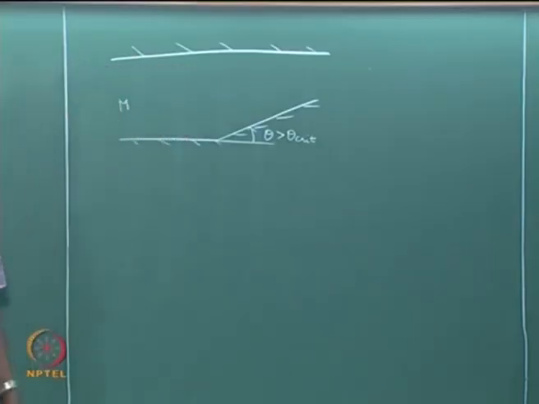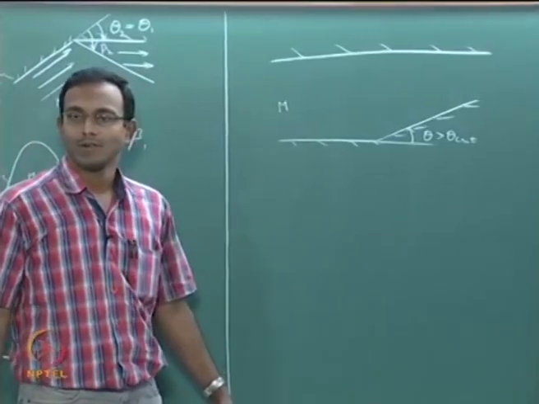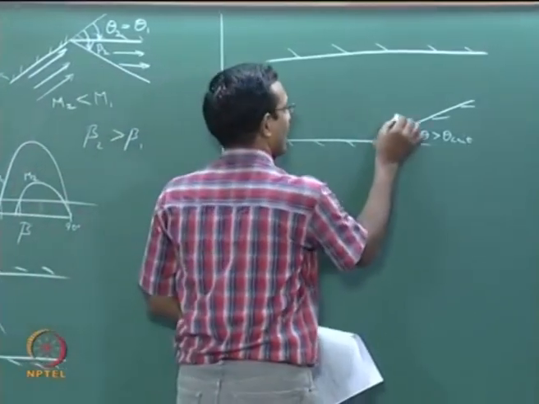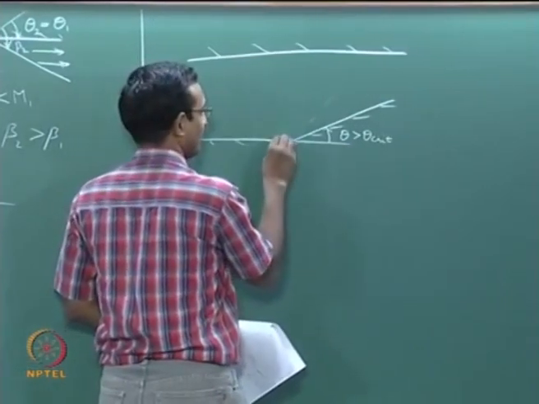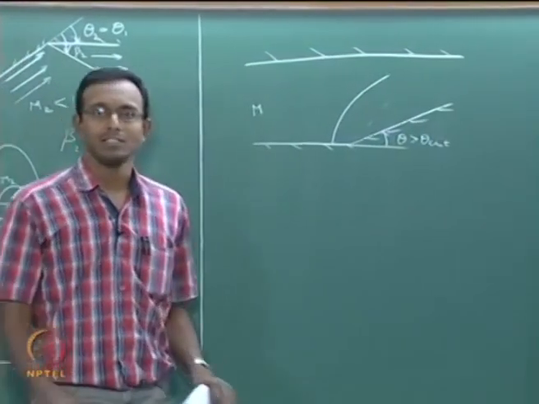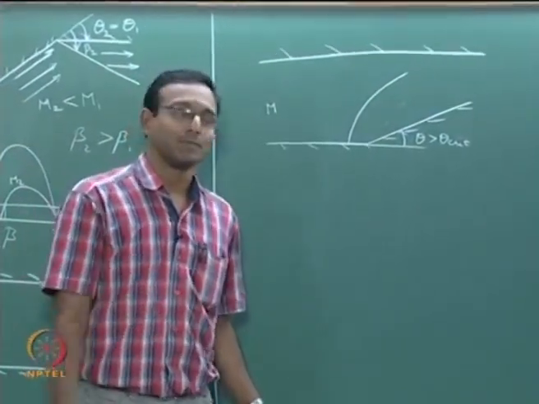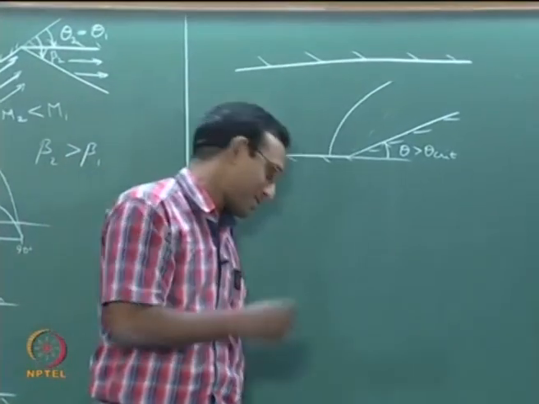What will happen in this case? This is actually an already solved problem. We did this before. It will not have an attached shock ever, it will just directly jump to a detached shock in front of it. It will look like this. This is one nice and simple possibility. I just wanted to recall this before I go for the more complex case.